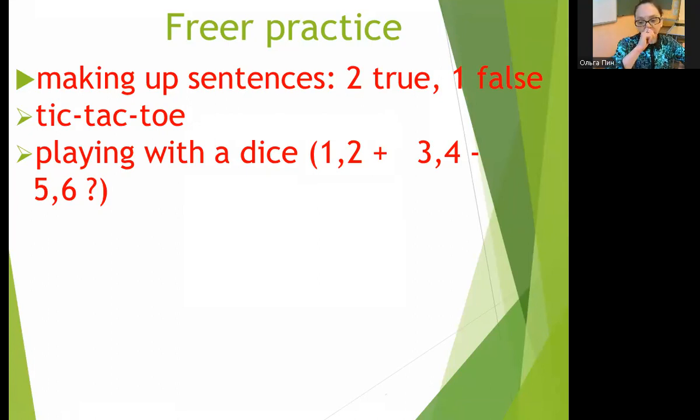This dice game can also be used to compare two tenses.